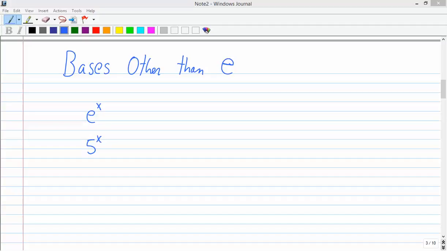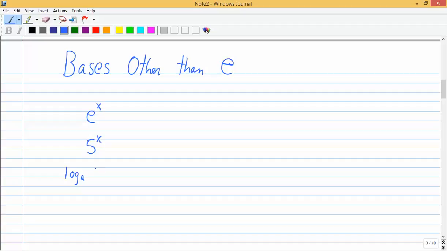derivative. But what does it mean as a logarithm to have a base other than e? We have a formula that we could use to change it over to a natural logarithm. If we have log base a, so some other base than e, remember natural log is log base e.